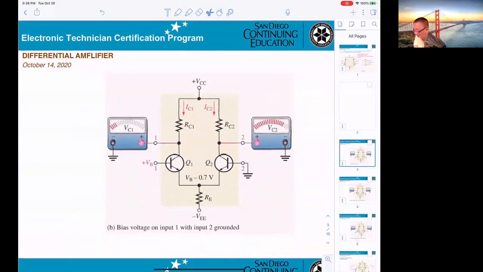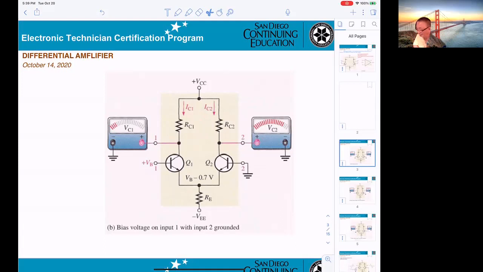Now, if you're looking at the second one, the input now will be applied to the Q1 base, VB, and the Q2 input will be grounded. So the meter will display one on VC1 and another on VC2.